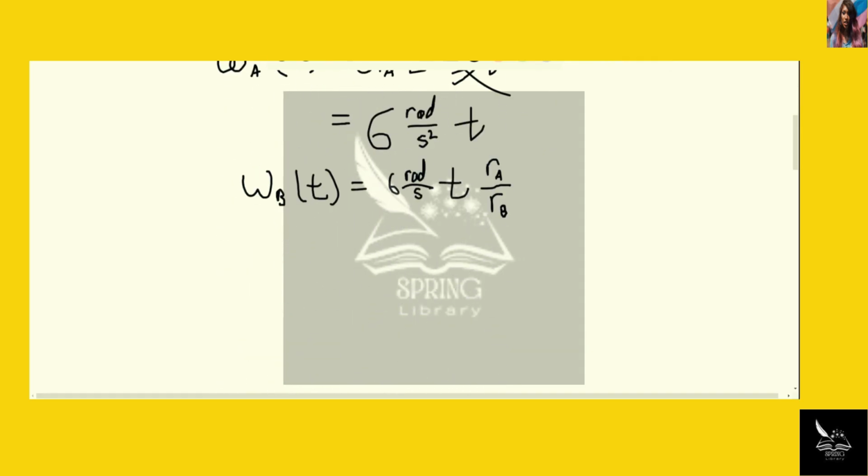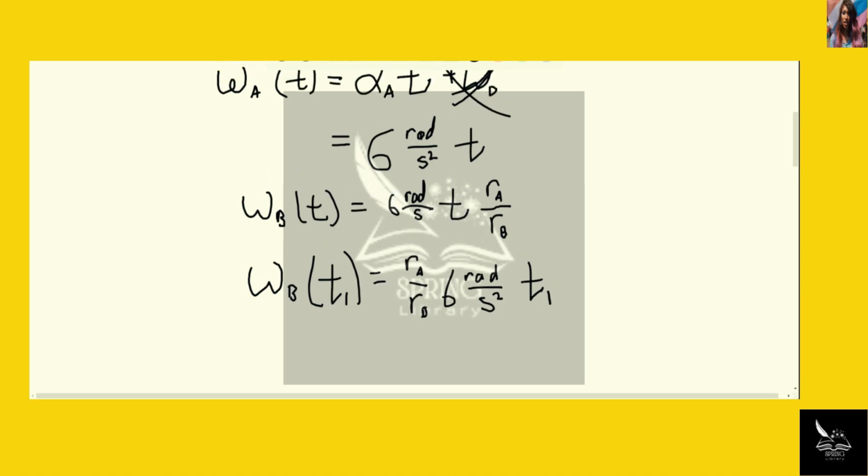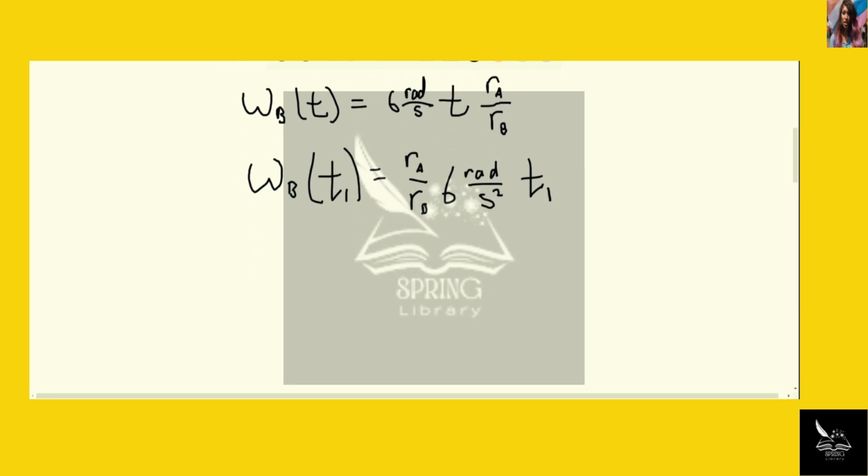So we're going to say that the angular velocity of B at some time t1 equals RA over RB times 6 radians per second squared t1, and that we also know is equal to 40 pi divided by 3 radians per second.